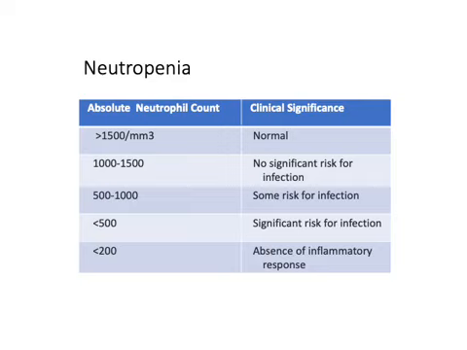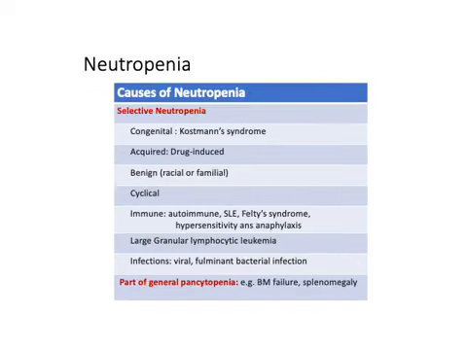Neutropenia may be selective or part of the general pancytopenia. It may also be acute or chronic, lasting more than 3 months. Causes of neutropenia are shown.